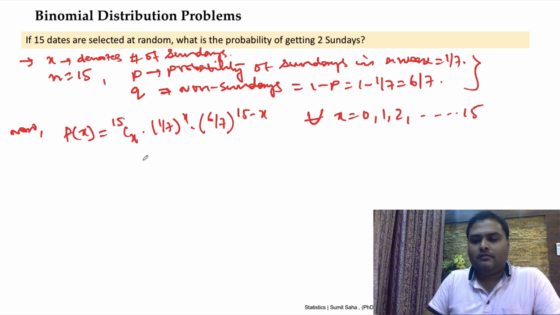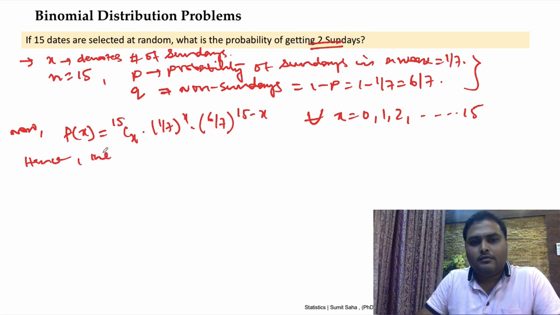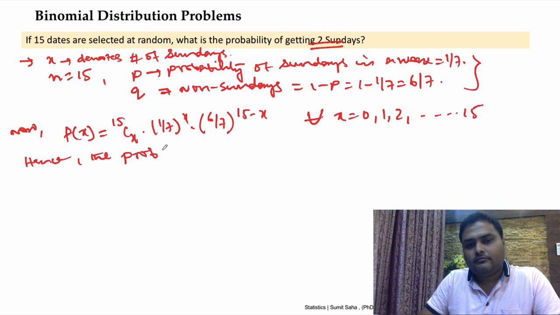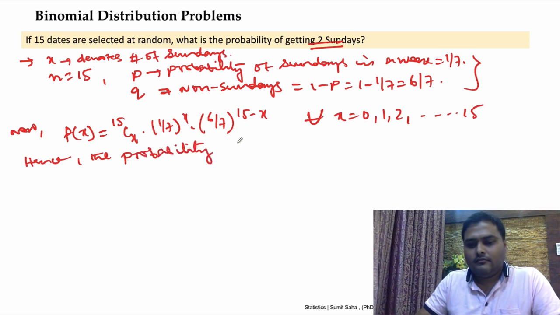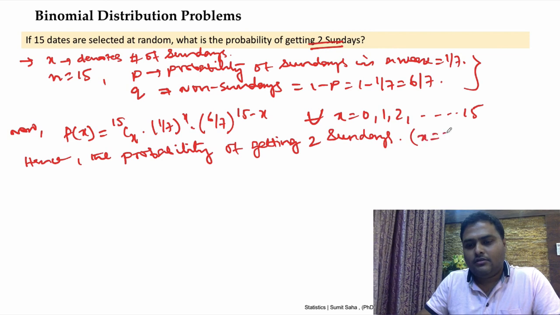So hence, as per the question, we have to find the probability of getting 2 Sundays, that means x equals 2.